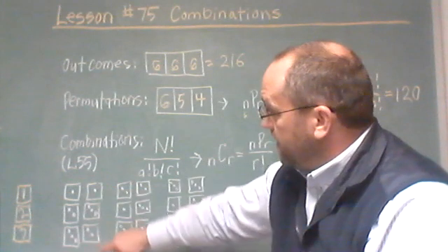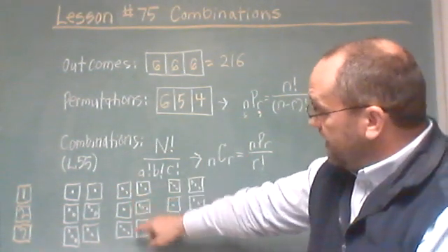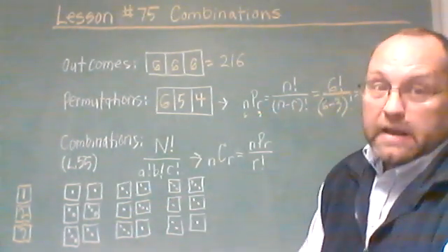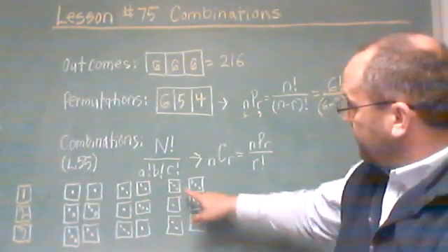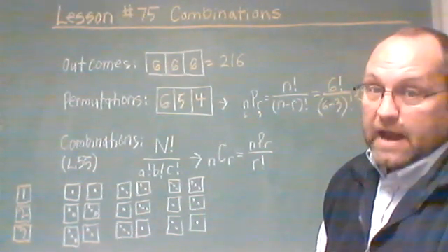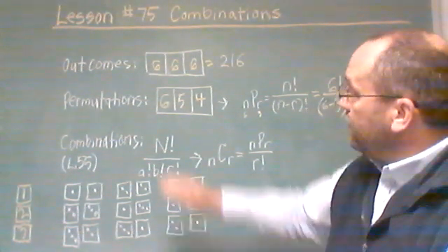I could roll a 1, a 3, and a 2. Okay, if I rolled a 2 first, I could roll a 2, a 1, and a 3, a 2, a 3, and a 1. And if I rolled a 3 first, I could roll a 3, 1, 2, a 3, 2, 1. Okay? Now, they're all different outcomes, okay?